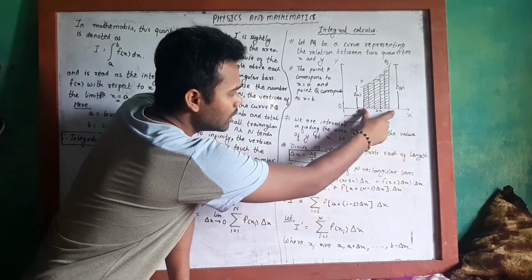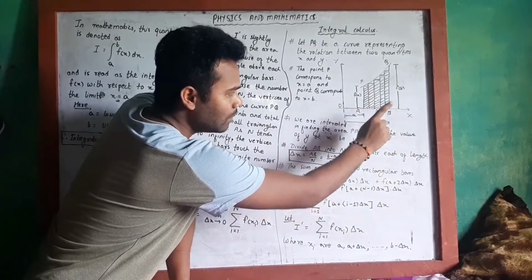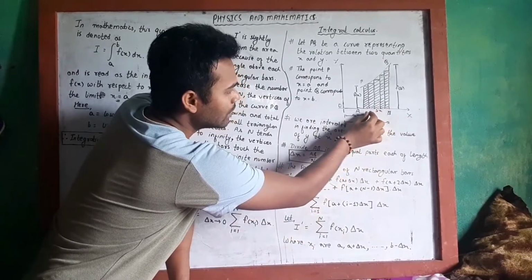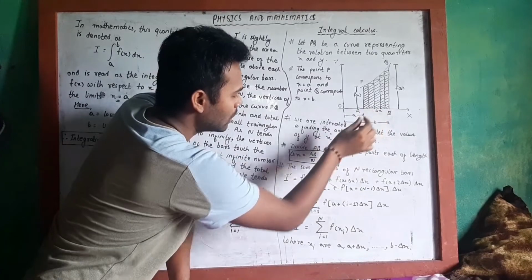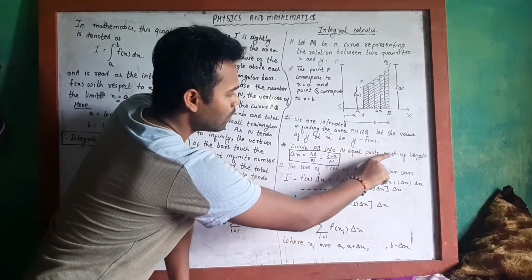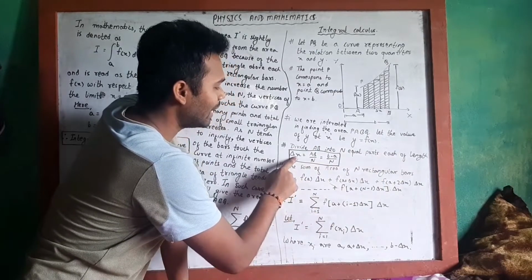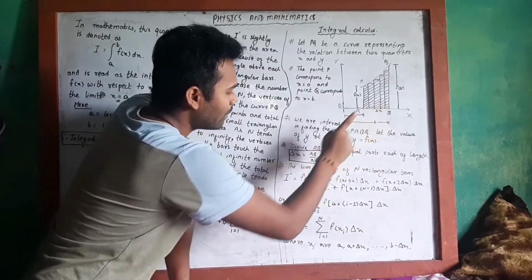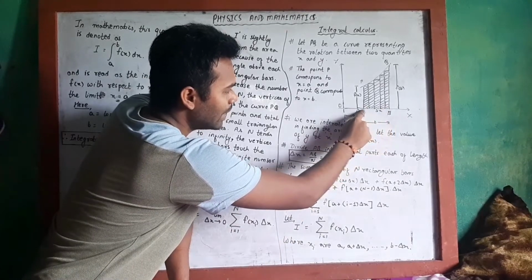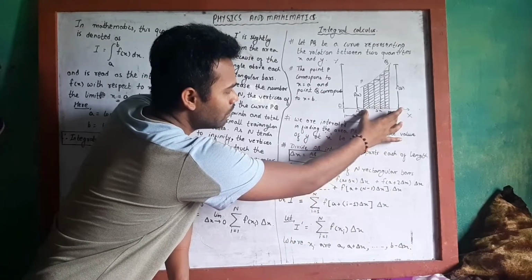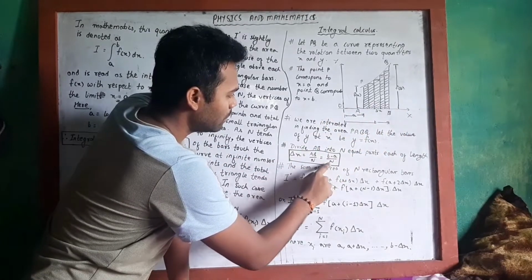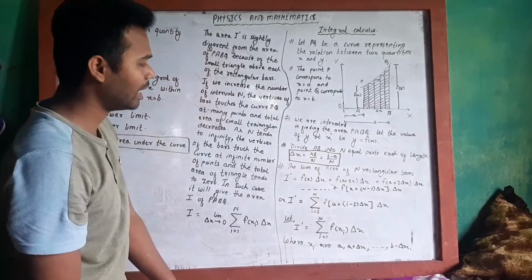If we divide AB into n equal parts, each of the length del x equals AB divided by n, where the length of AB is B minus A. Therefore del x equals (B minus A) divided by n.